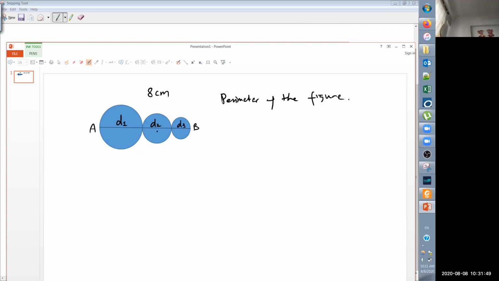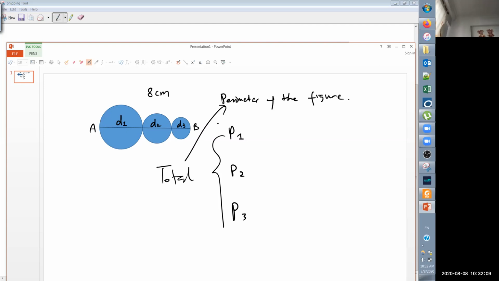In order to find the perimeter of the figure, you want to find the perimeter of the first shape, the second shape, and then the third one. Then you just add up the total, and that gives you the perimeter of the figure.